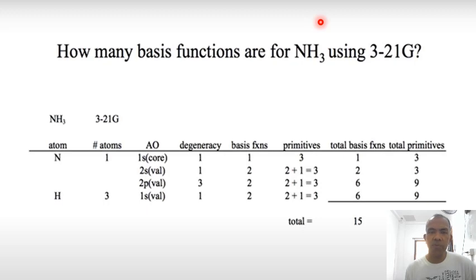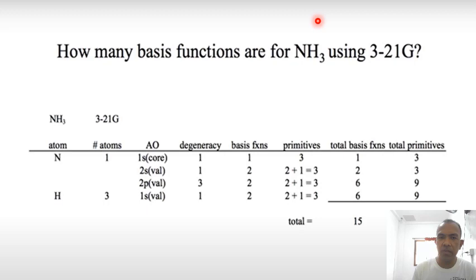This is ammonia. Let's look at the hydrogen atom. There are three of these atoms. What kind of atomic orbitals are there? Hydrogen up to valence, there are no core orbitals. So there's one s valence orbital, with a degeneracy of one. How many basis functions will be involved for the valence?